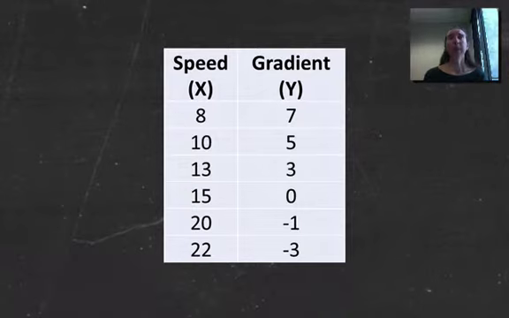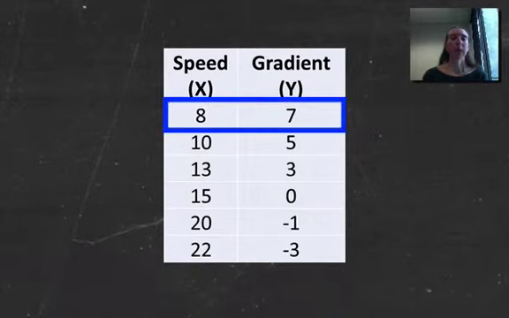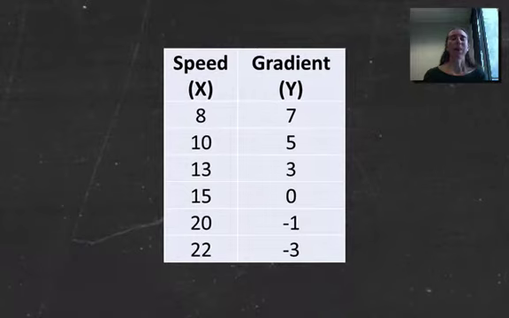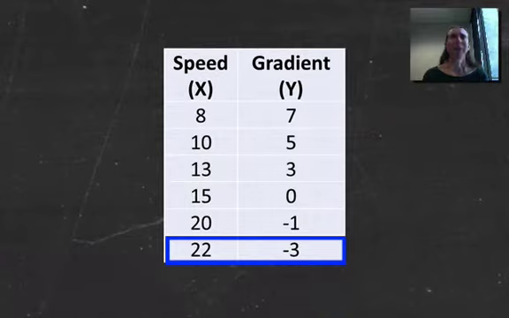Now, we're talking about pairs of scores, and so in each of these cases, we're looking at how the two variables fit together. So I was going 8 miles per hour when I was climbing a gradient of 7%. I was going 22 miles an hour when there was a -3, or a 3% decline, going downhill.